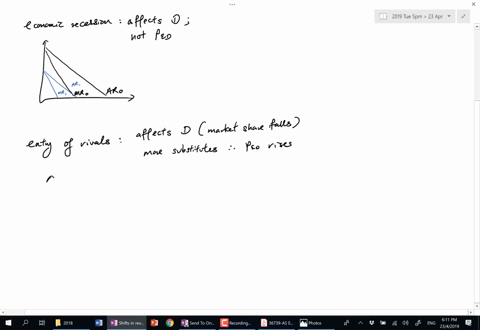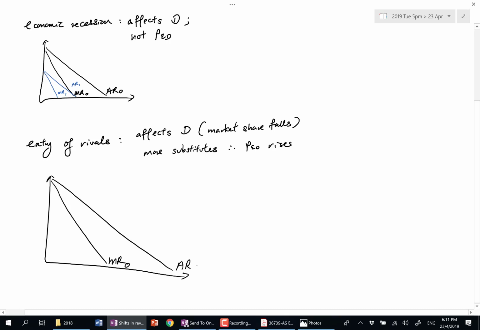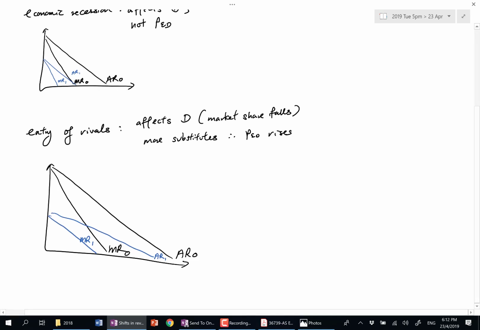So what do I expect? Well, I expect this. MR0, AR0, AR1, MR1. Inward shift, and the curves become gentler. Why gentler? Because your PED goes up.